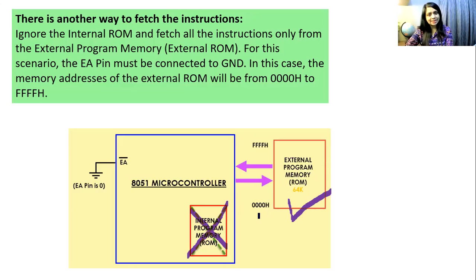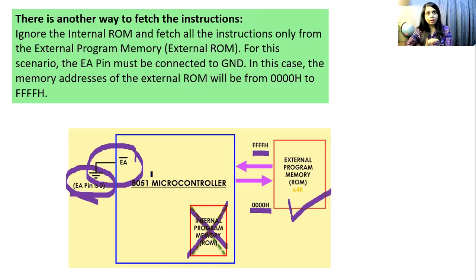In that case, its addresses will vary from 0000 to FFFF. In that situation, if you want to use complete memory as external program memory, the EA bar pin of 8051 microcontroller should be at ground, that means at logic 0.